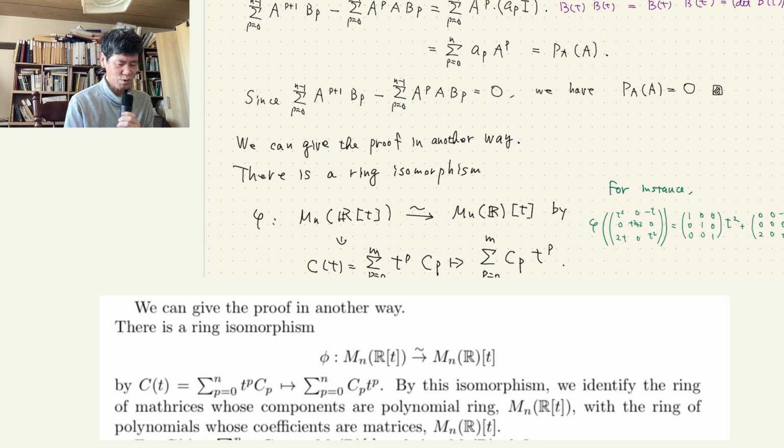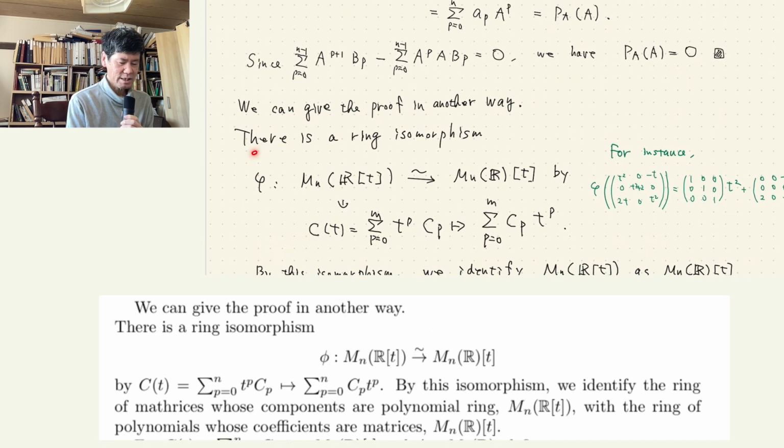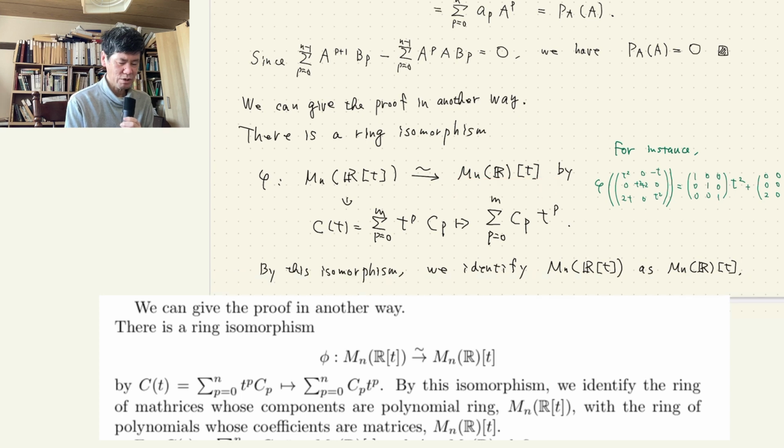We can give the proof in another way. There is a ring isomorphism from the n times n matrices whose components are polynomials to the polynomials whose coefficients are matrices, by defining C of t as the summation of C_p t to the p.